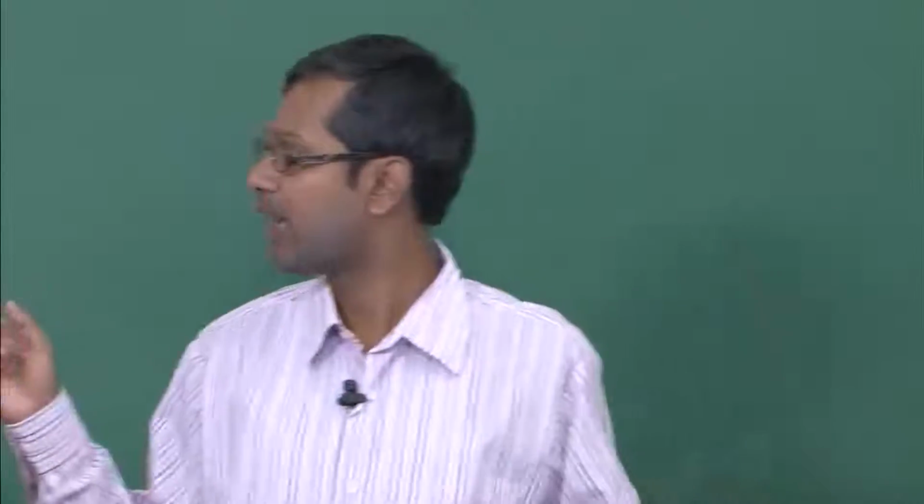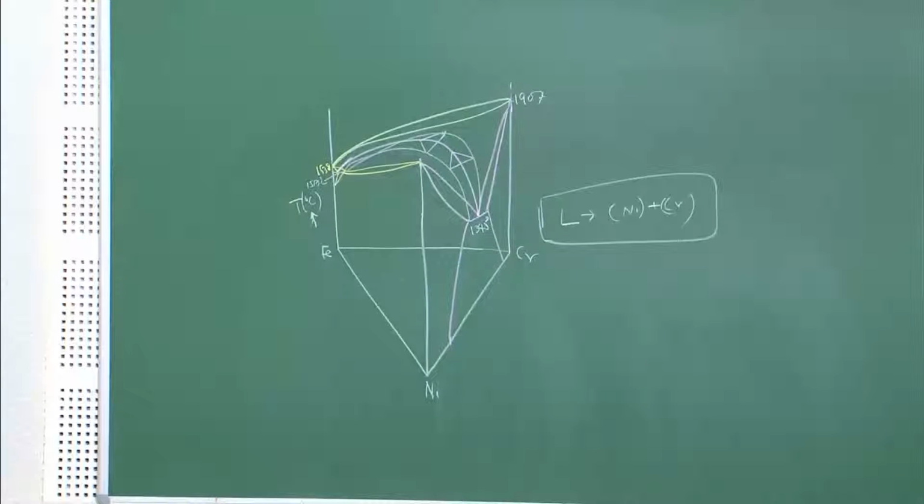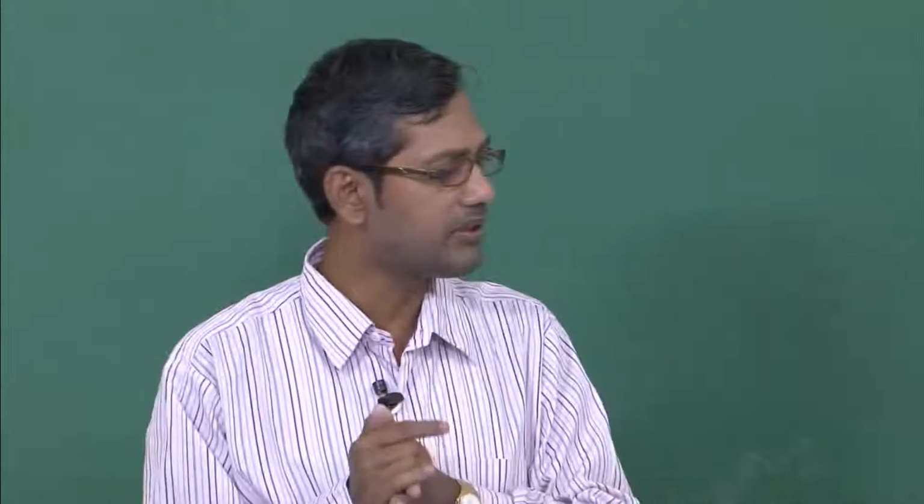Basically, if you look at this board, the monovariant eutectic equilibria extends from the peritectic to the eutectic. It starts from peritectic and descends to the eutectic temperature, ends there. That is what the situation is. Other than that, nothing much happens in these alloys.